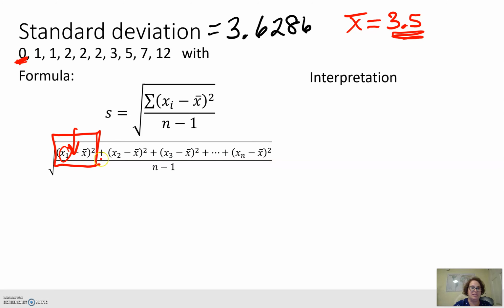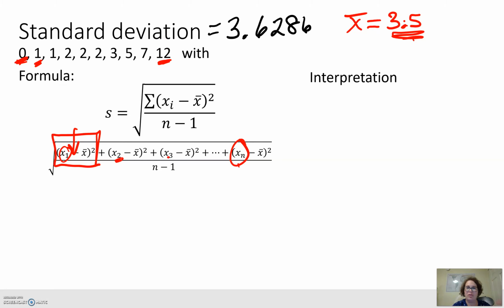Then it says, let's compare the second household to the average, so on and so forth until it's all the way through. This N would be 10 since we have a total of 10 houses.